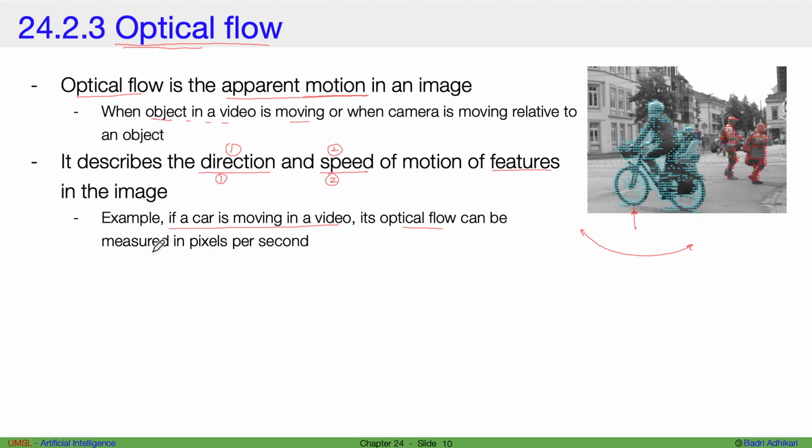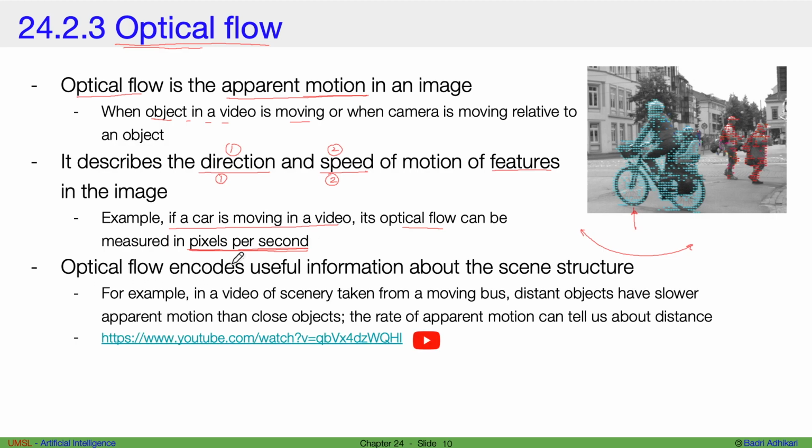Usually optical flow is measured in pixels per second, and this is a vector quantity, so it gives you the direction as well as the scalar, that is the speed of movement. Optical flow measured in pixels per second encodes useful information about the scene structure.